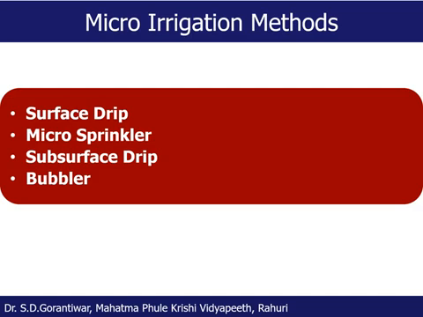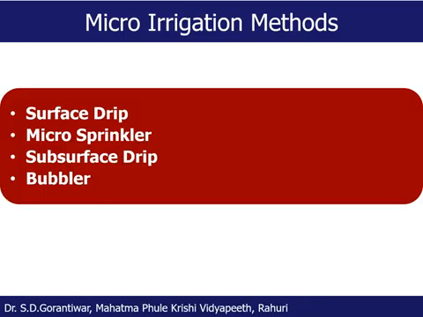today's training lecture. Just like surface irrigation method or sprinkler irrigation method, micro irrigation method is also divided into 4 irrigation methods. One is the surface drip irrigation method, micro sprinkler irrigation method, subsurface drip irrigation method, and bubbler irrigation method.